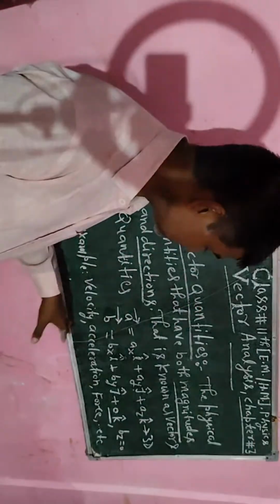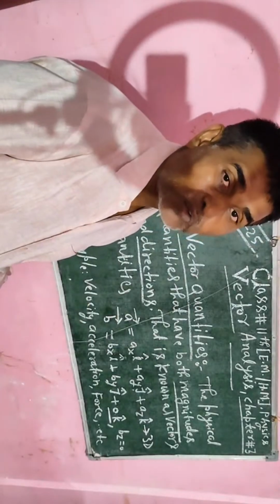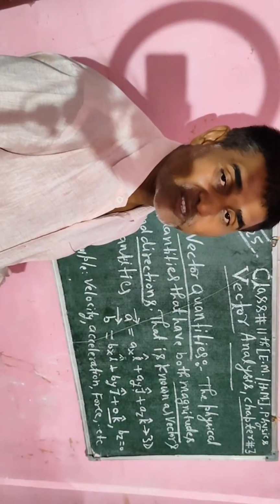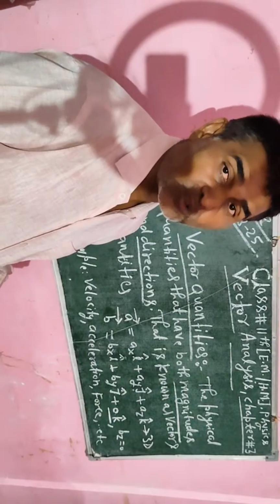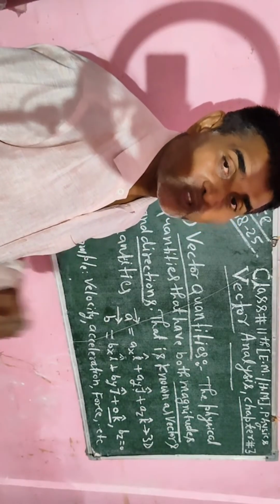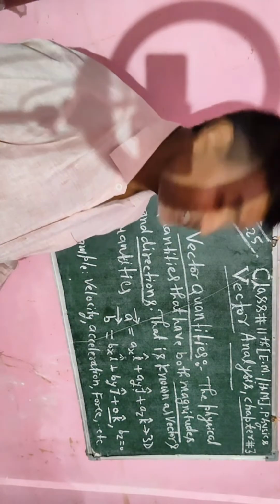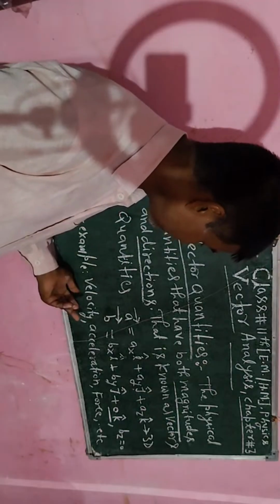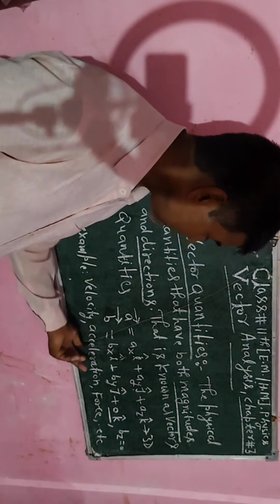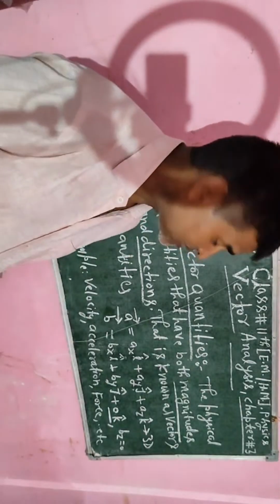So this is the complete information about vector quantity. A vector quantity is very simple: a physical quantity that has both magnitude and also direction. For example velocity, acceleration, force, etc. These are vector quantities.